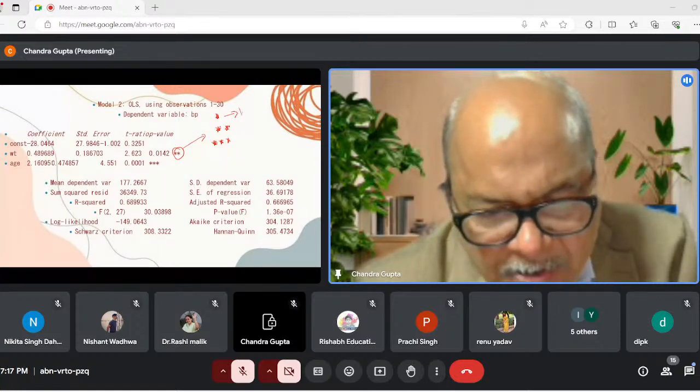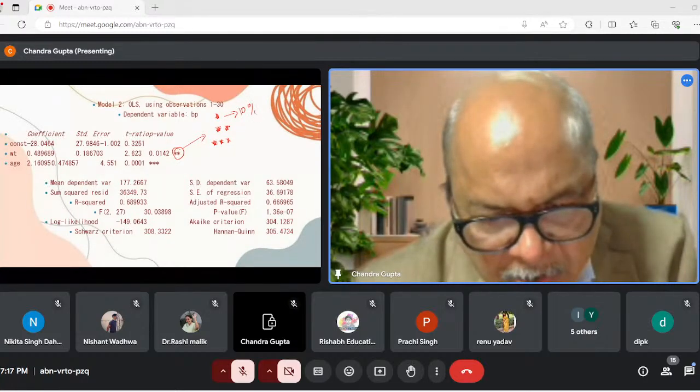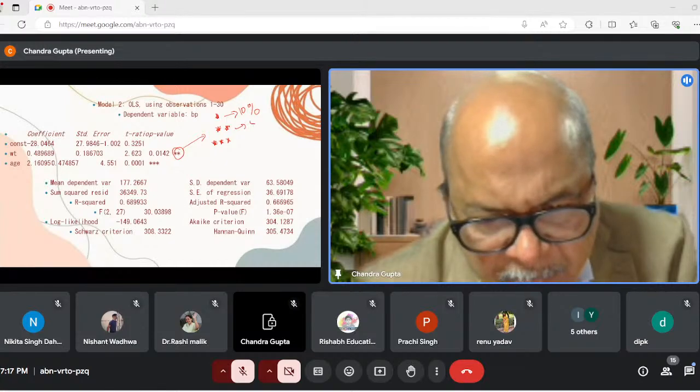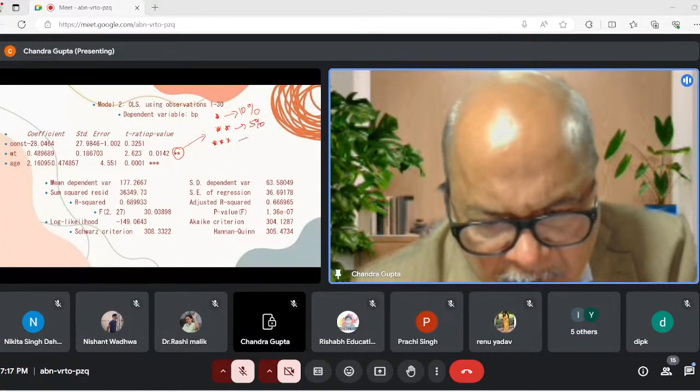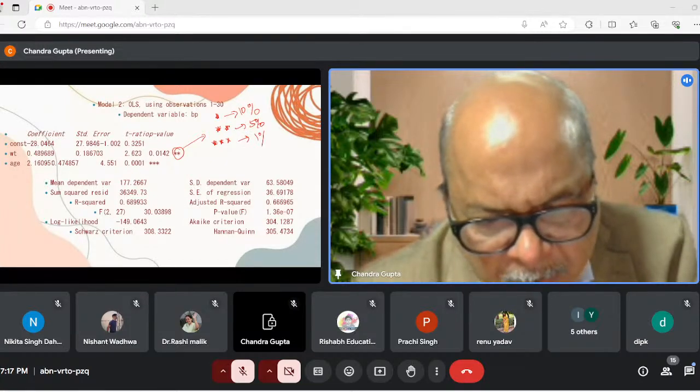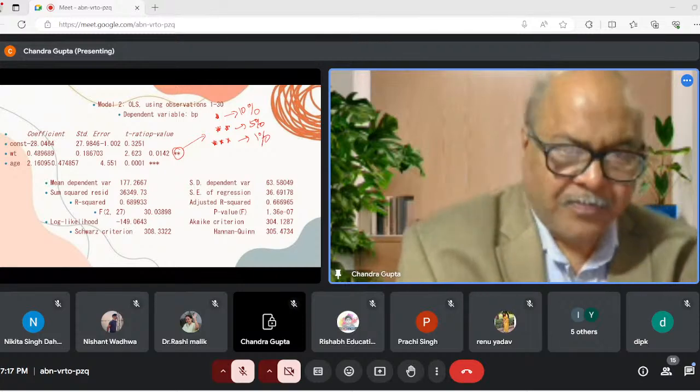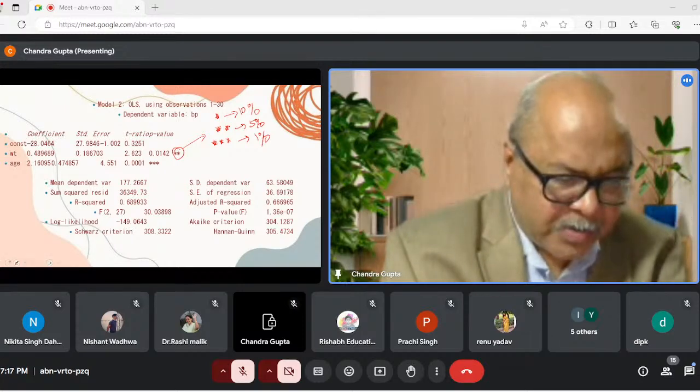Single star means significant at 10% level. Double star means significant at 5% level. Triple star means significant at 1% level. So, Prachi, that's what it means.